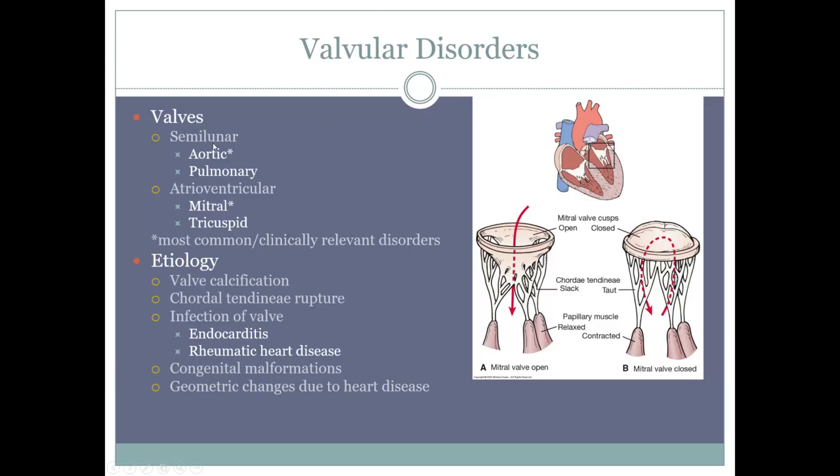What we call semilunar, mostly based on their shape, kind of half-moon shaped, are the aortic and pulmonary valves. So again, aortic, left ventricle pumping out to the aorta, pulmonary valve, right ventricle pumping out into the pulmonary artery, okay? And then what's called the atrioventricular, just by name, means they're in between the atria and the ventricle chambers, right?